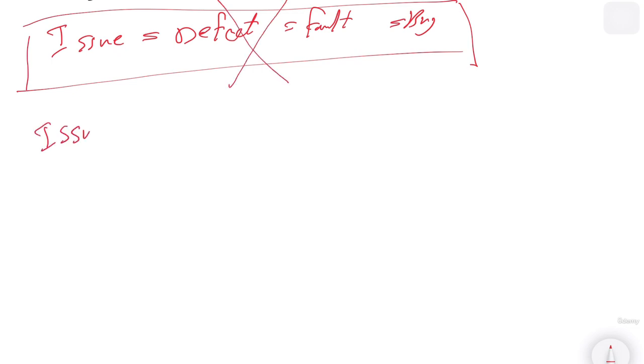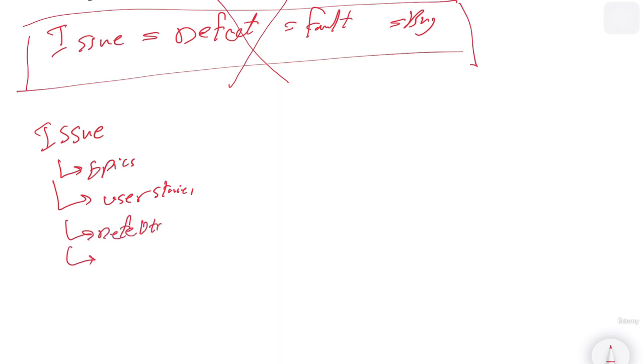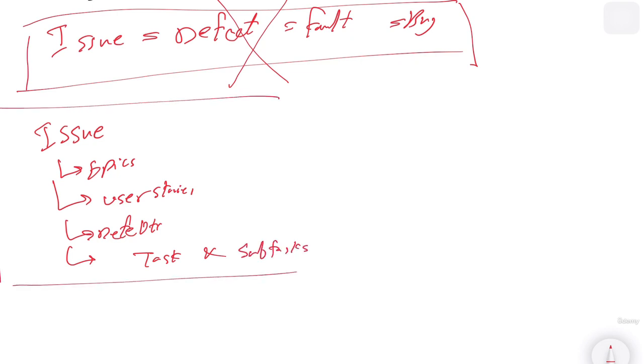In Jira, the word issue means anything that we need to do. It includes the epics, it includes user stories, it includes defects, of course, tasks, and subtasks. All of them are issues when we talk about Jira. This is the language of Jira.